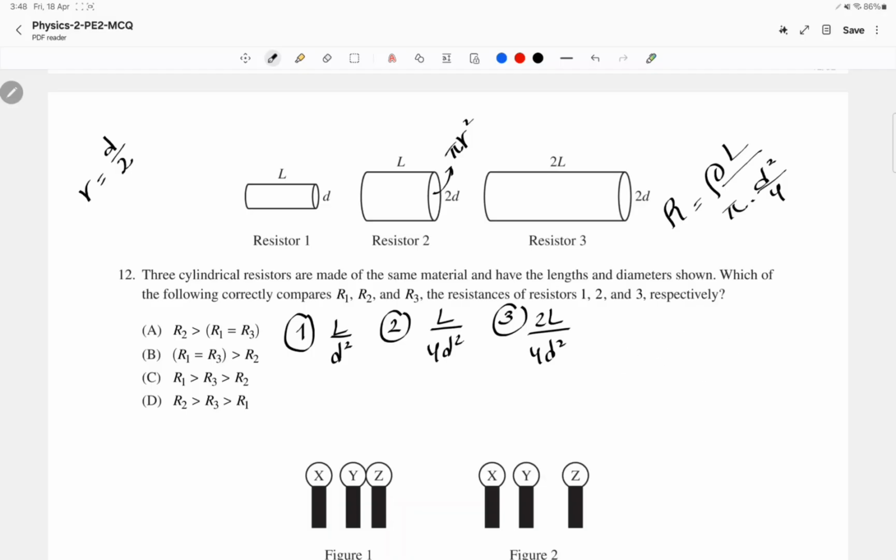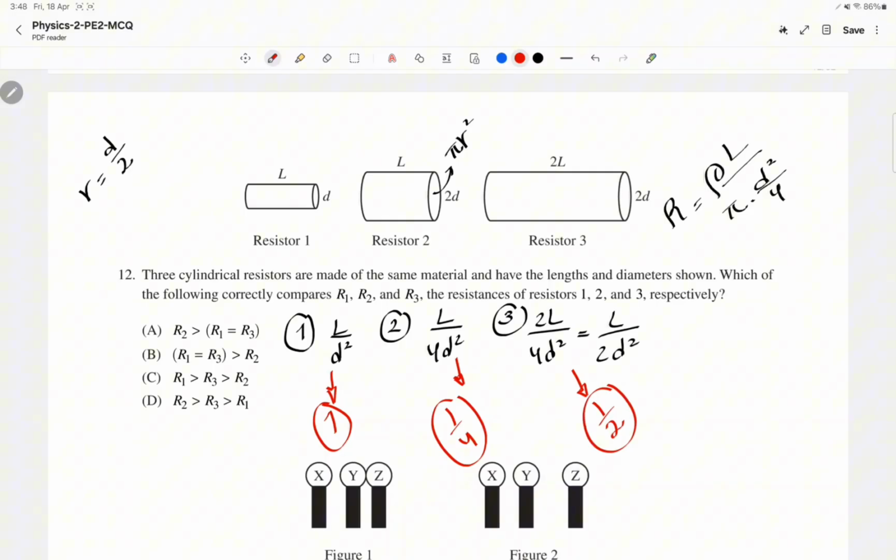And that would be L over 2d squared. So which one of these is the biggest number? Like, ignore the L, ignore the d squared. This would be a 1. This would be a fourth. And this would be a half. So the biggest number here is resistor 1. Then 3. Then 2.